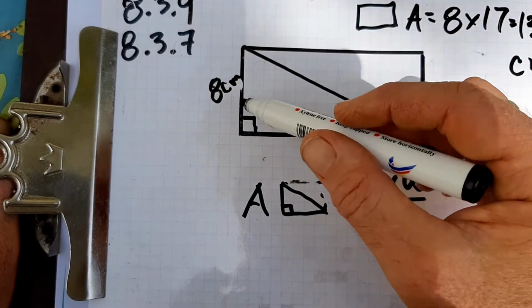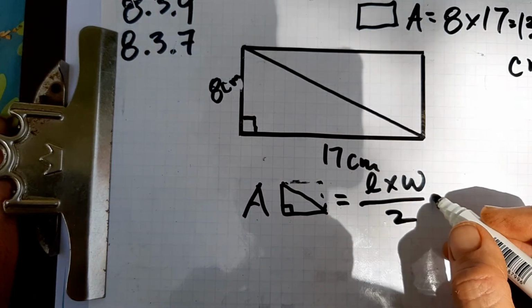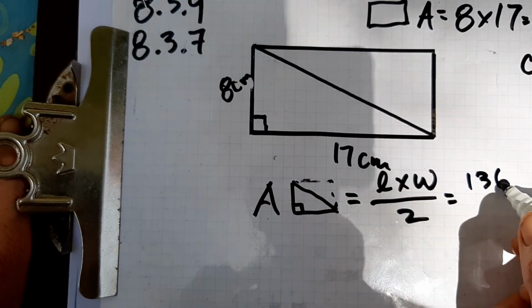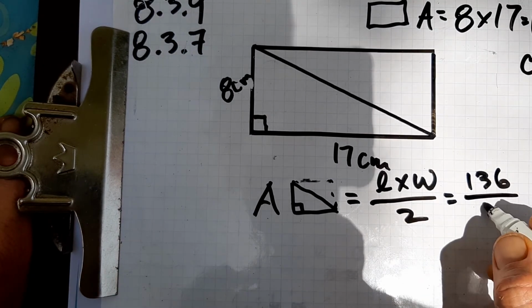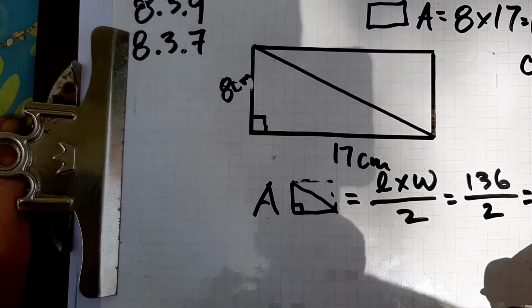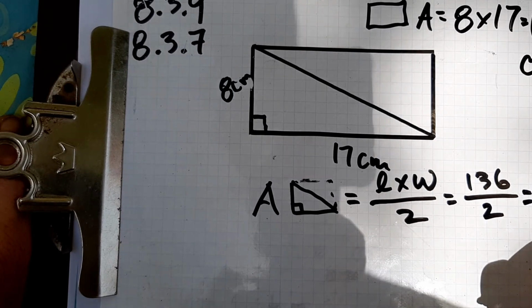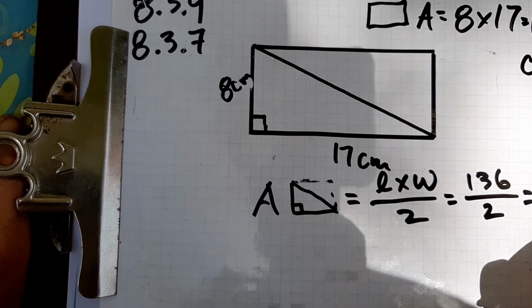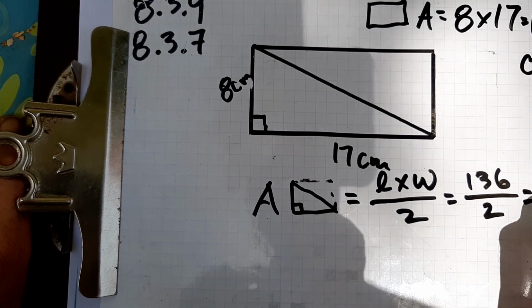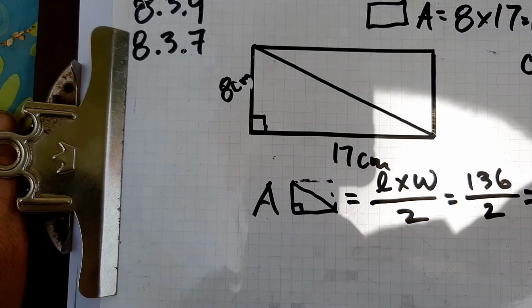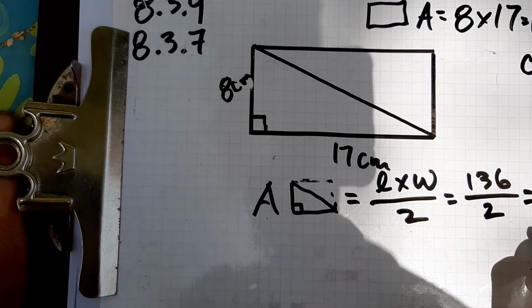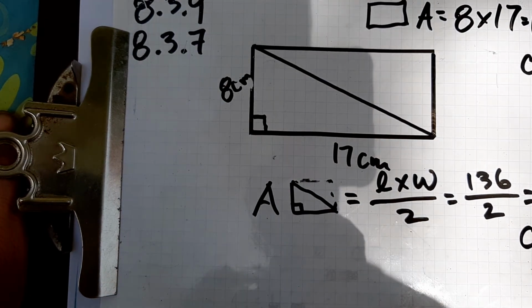I got my length and my width divided by 2, so I'm going to have 136 like I had above, and this triangle is half of the rectangle. Oh boy, what's half of 136? Is it 68? I think so, right? 68, once again, centimeters squared, square units.